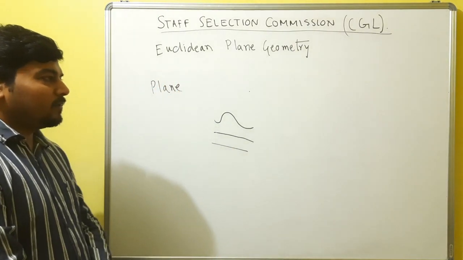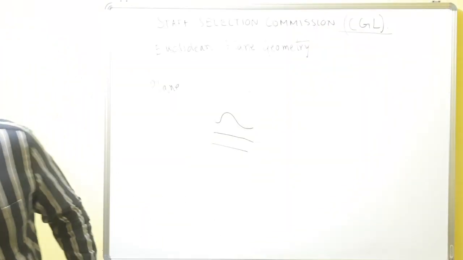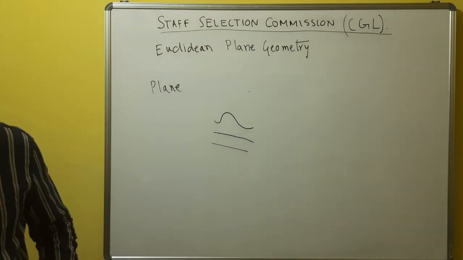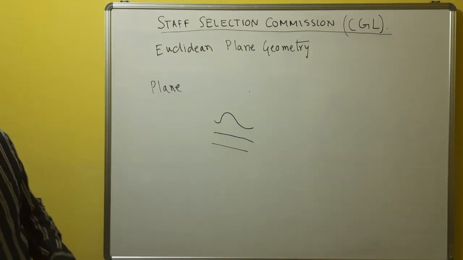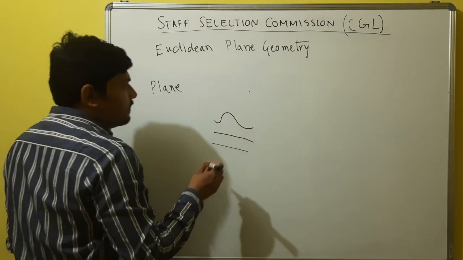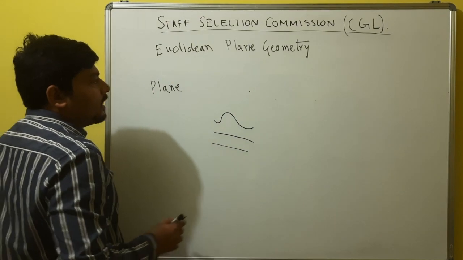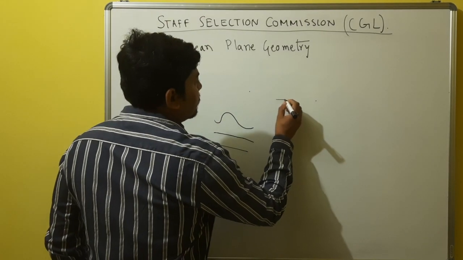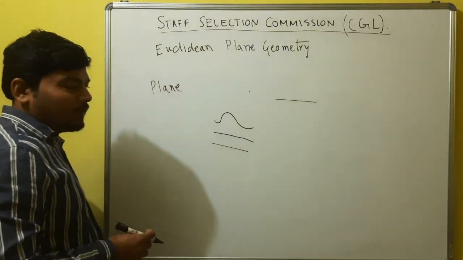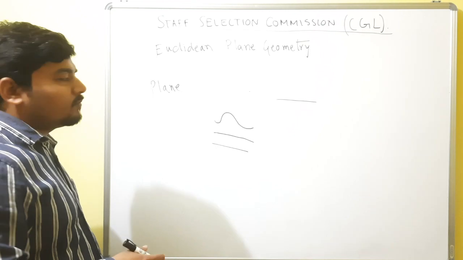Let me draw it here. Plane means if there are 2 points, then I can draw a straight line between them. This is one of the axioms of Euclidean geometry. We'll take you through those axioms in one class.